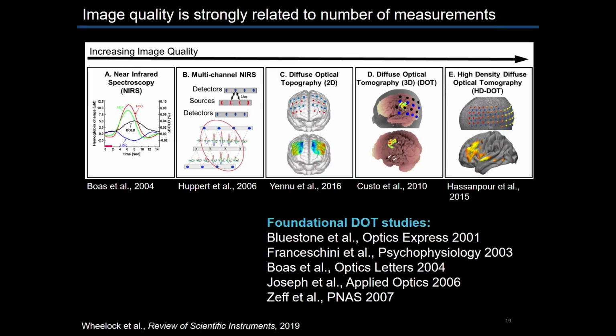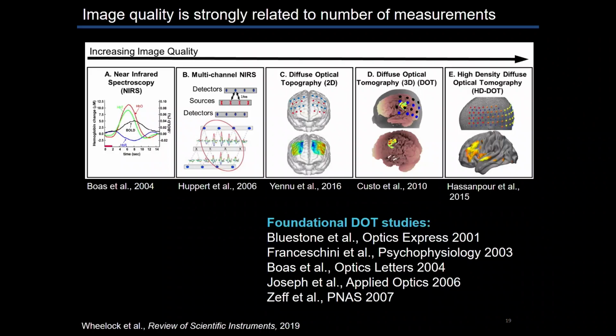The field has evolved over the decades to go from single source detector pairs in the early 2000s, in the 90s really, to multiple source detector pairs, as you do with EEG, to more still that are close together. You can basically interpolate and do topography. Once you get overlapping measurement pairs, you can do tomography. Once you get multiple overlapping pairs that are multi-distances, that's where you get high-density diffuse optical tomography, which is what we're focusing on.